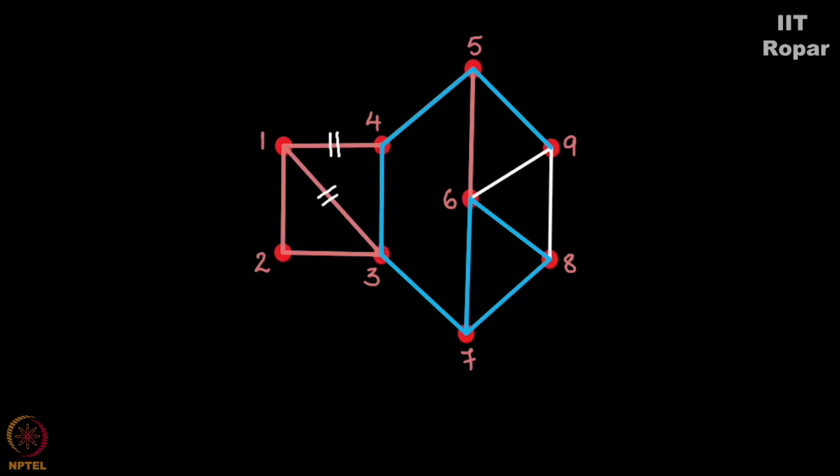You see again here, I have got stuck here. I have to either go to 6 or to 3, which means I'll be repeating either of these edges. Again, not allowed. So we can conclude that this graph is not Eulerian. Though you need not check it for every such vertex, once you encounter such a situation, just for the first time, you can conclude that the graph is not Eulerian.